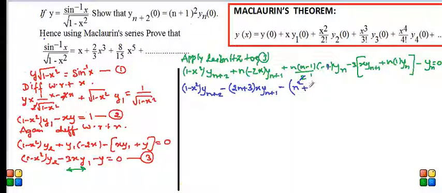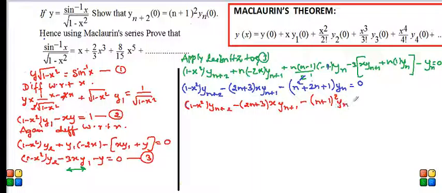So this becomes 2n plus 1, again yn, this is becoming 0. Again the simplified form is 1 minus x square yn plus 2 minus 2n plus 3 xyn plus 1 minus n plus 1 whole square yn is 0. This is equation number 4 for us.